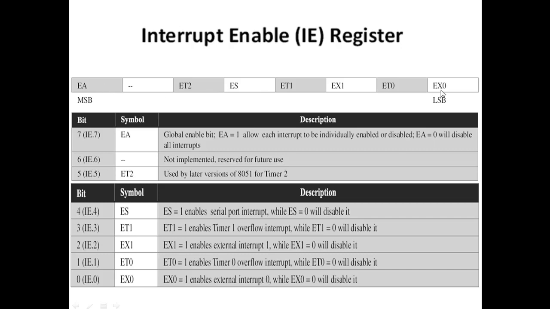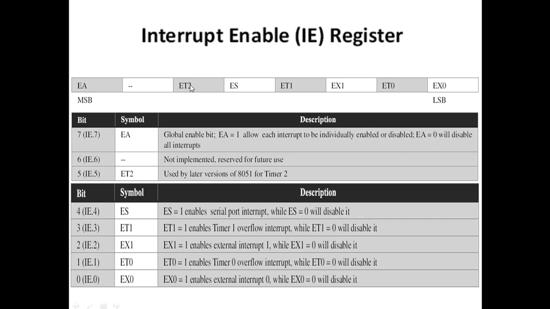I'm repeating again. In binary, the register is 1, 0, 0, 0, 0, 1, 0, 0. If you combine them in hexadecimal, the lower nibble is 0, 1, 0, 0, so it will become 4. A nibble, a combination of 4 bits, makes one digit in hexadecimal.